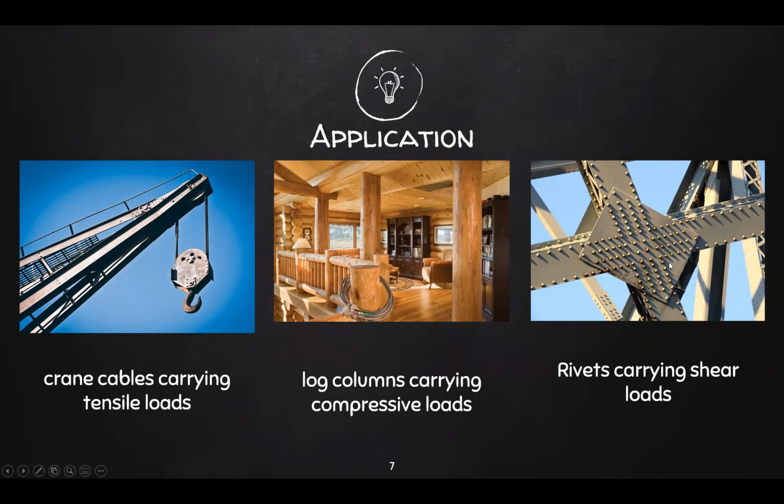And then next, we have rivets in your bridges or truss, which carry shear loads, because for these rivets, the forces are along the members, right? So this way, you can imagine that these forces are parallel to the cross-section of your rivets. That's why it carries shear loads, hence experiencing shear stress.